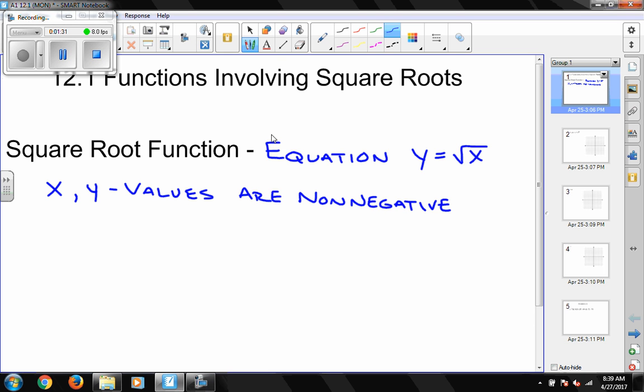So we can take the square root of 0. We can take the square root of positive numbers. As long as they are not negative numbers, we can take the square root of them. Since the square root is already there in our equation, we take those square root signs to be all positive.